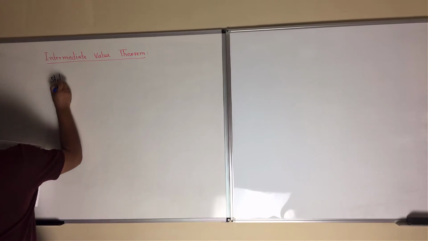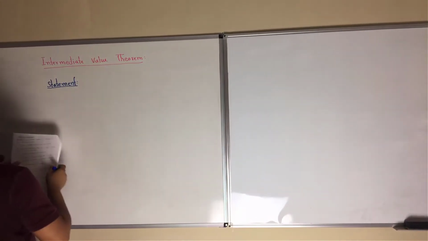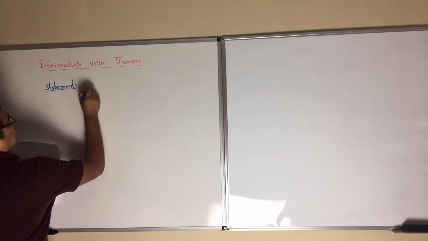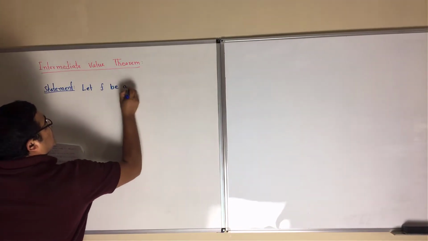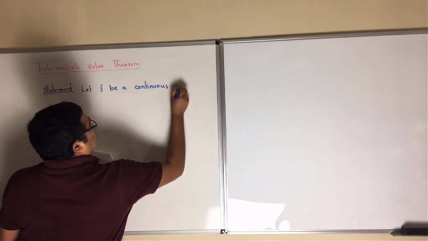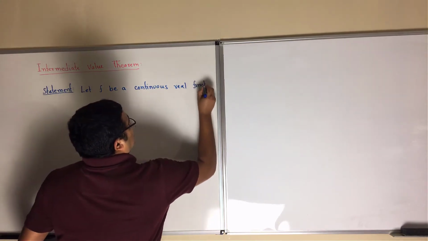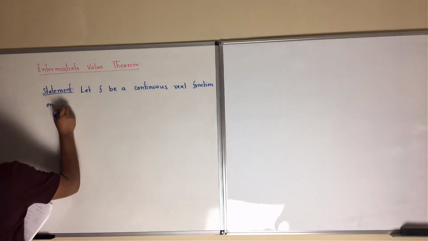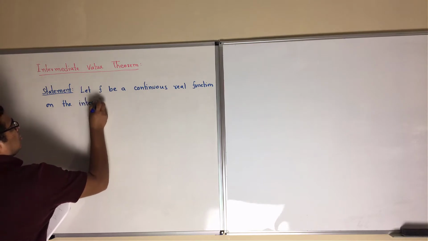Now, the statement of the intermediate value theorem is: let f be a continuous real valued function on the interval [a, b].